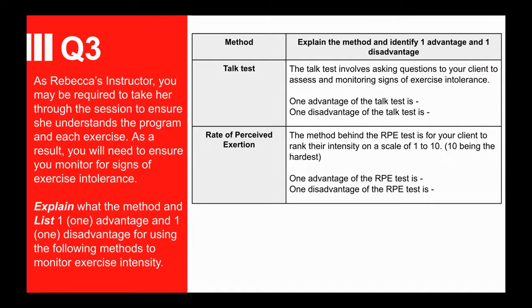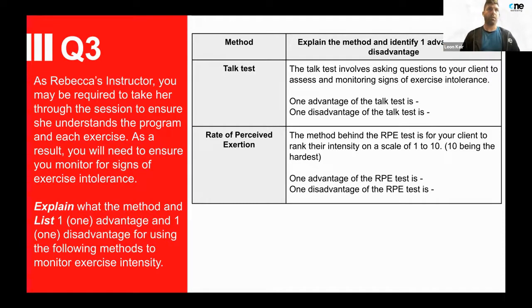So we're all used to rating things, and it's very easy to rate things. So the advantage is that everyone will understand it, and you can quickly identify the intensity the client thinks they're working at, and see if you need to up that or bring it down.